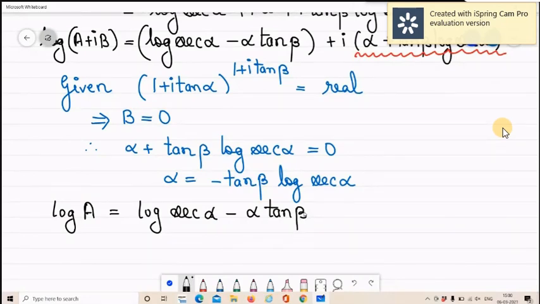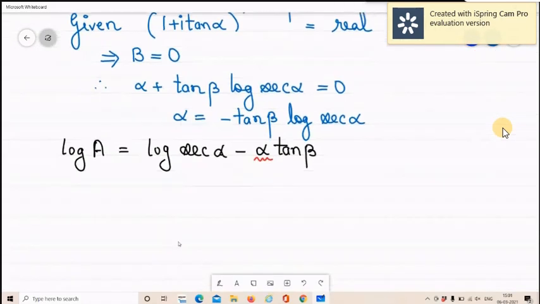Is that clear till here? Now I know a relation: alpha is minus tan beta log of sec alpha. So in the place of alpha, I am going to do the substitution.